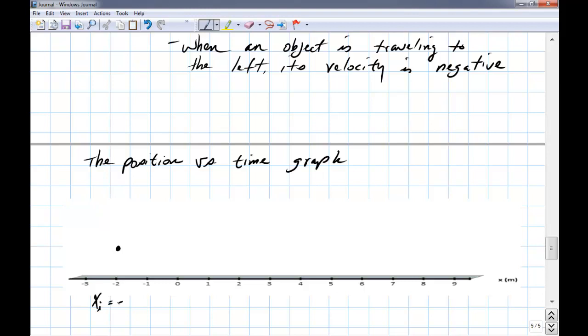So x initial equals -2. Next, the person proceeds to the far right until they reach a position of x equals 8. Next, the person reverses their direction until they reach a final position of x equals 5.